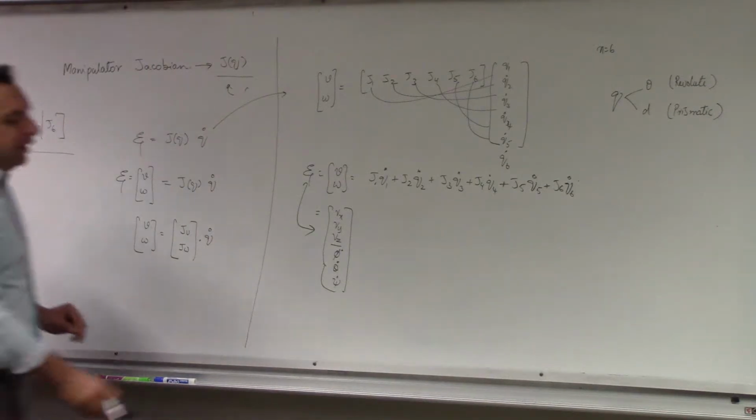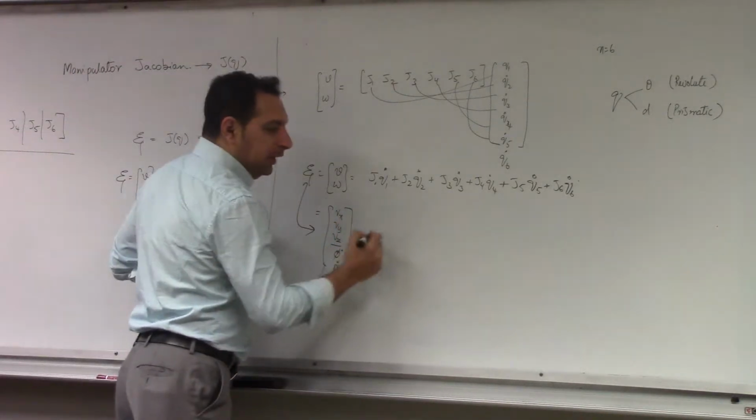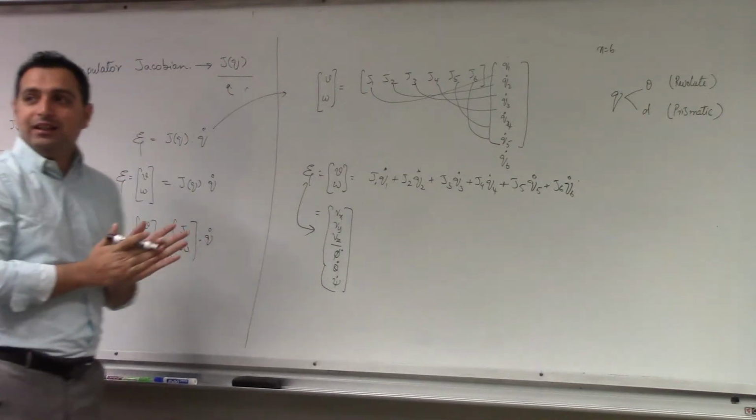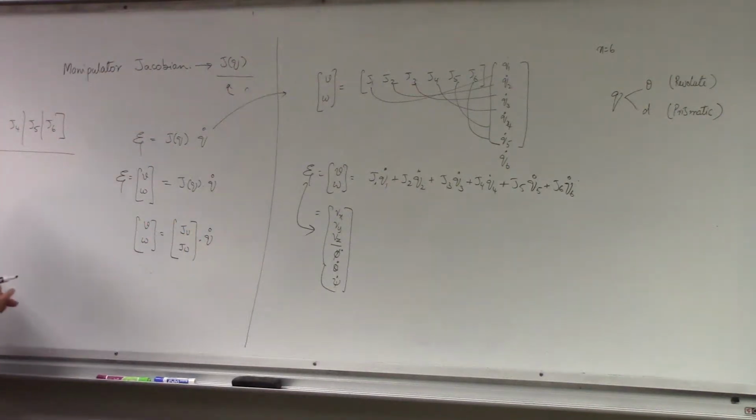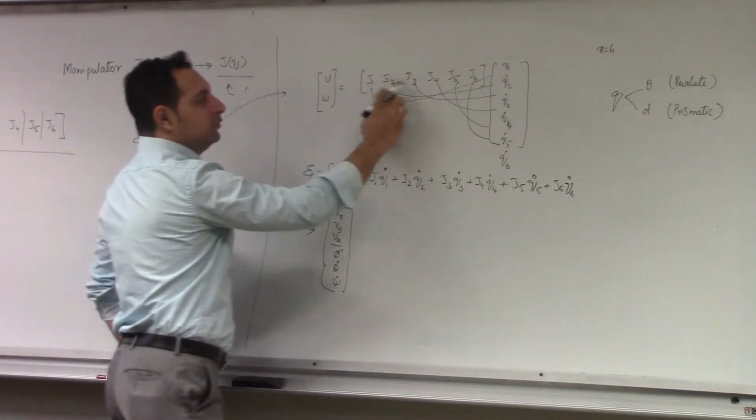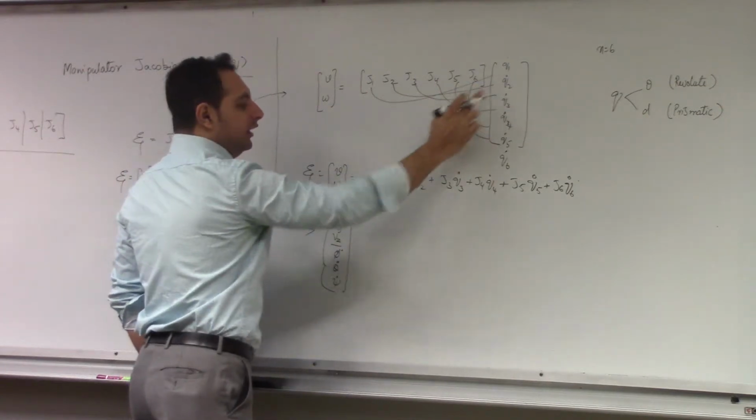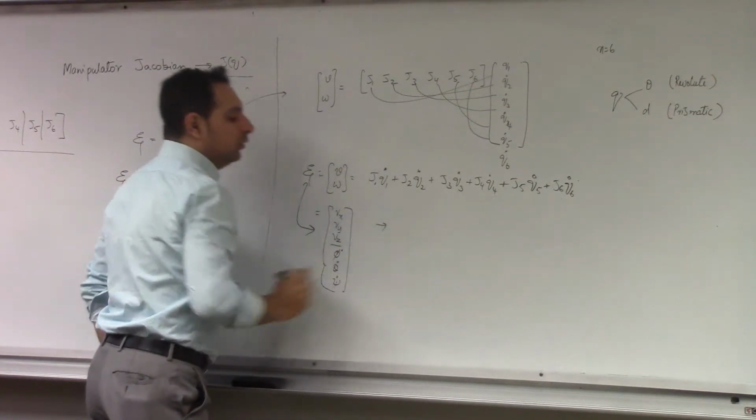Now, for the manipulator to have the ability to generate velocities in any given direction, all these columns of the Jacobian should be linearly independent. So what does that mean?